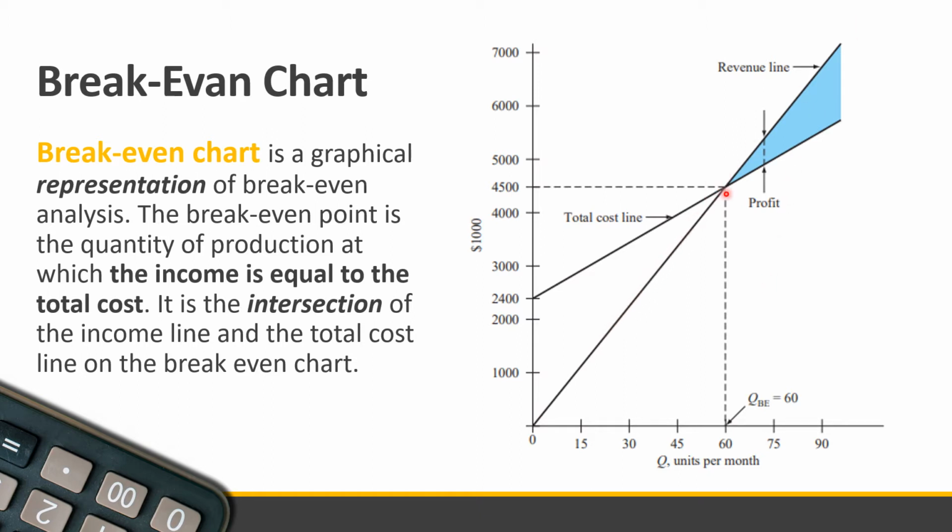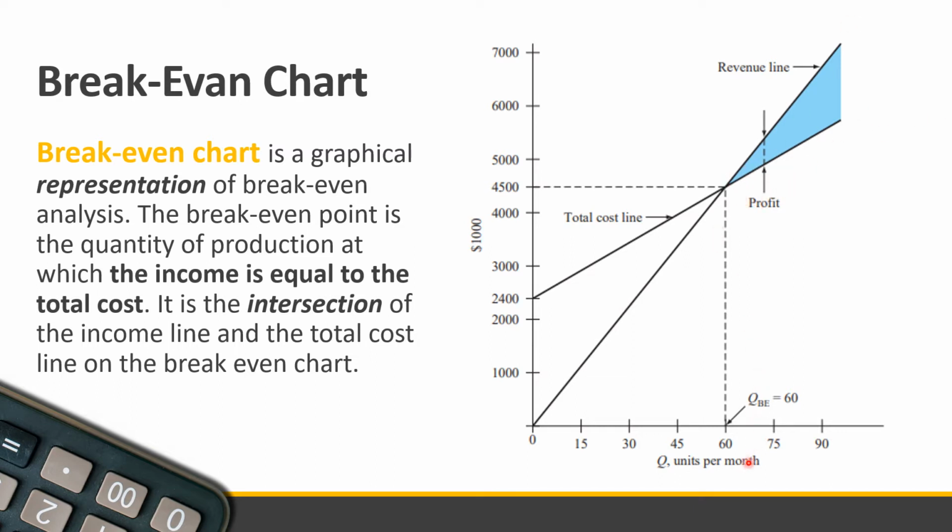So this point here, where the cost line and revenue line meet, is what you call the break-even point. So this point equals the total cost and the revenue. So meaning beyond this point, here is profit na yung na-earn mo na money.